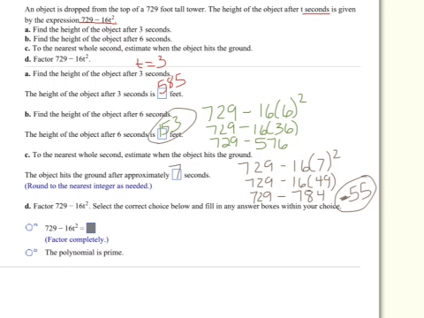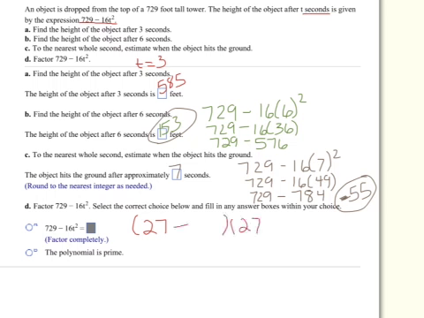Now on part D, we're going to factor 729 minus 16t squared. And this is a perfect square binomial, perfect square quadratic. The square root of 729 is 27. So I know 27 times 27 is equal to 729.